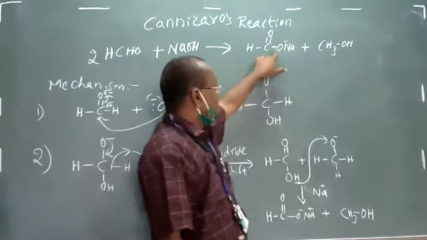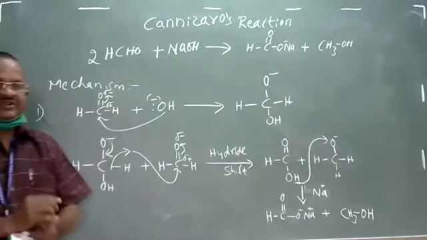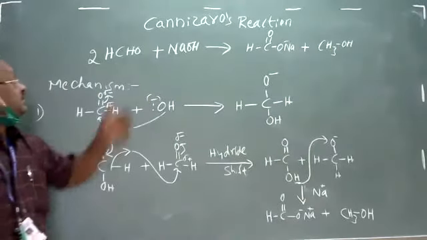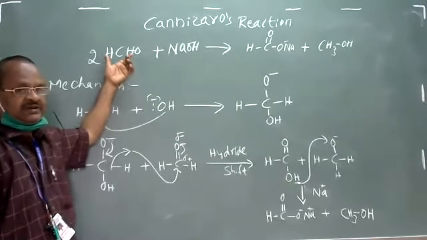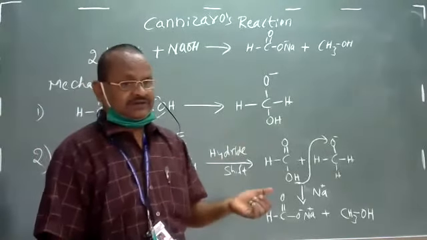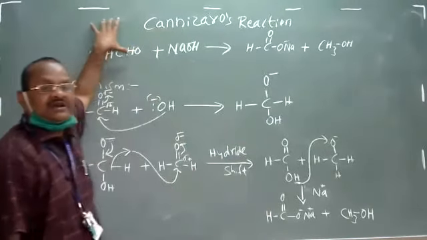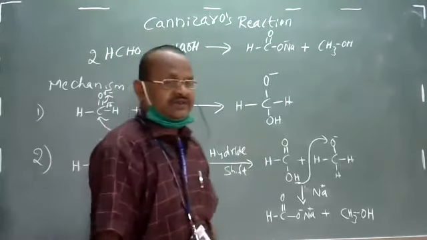So the sodium salt of the carboxylate ion and methanol are generated. This reaction is known as the Cannizzaro reaction. And here the aldehydes we are using do not contain any alpha hydrogens, whereas in the case of aldol condensation, they contain alpha hydrogens. Here they do not contain alpha hydrogens. Those aldehydes will undergo this particular reaction.